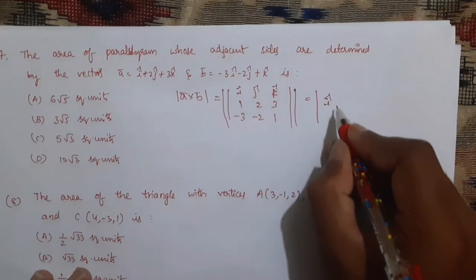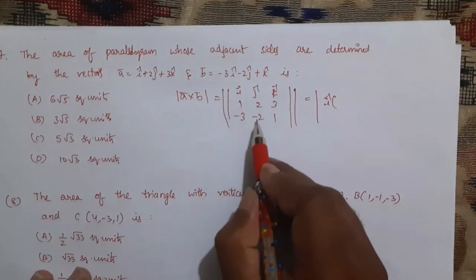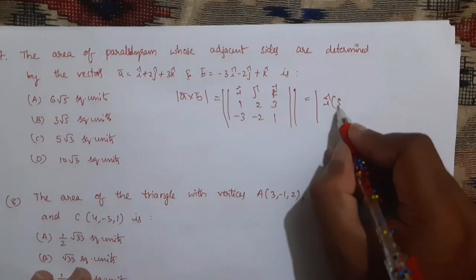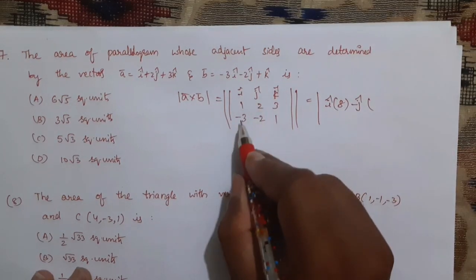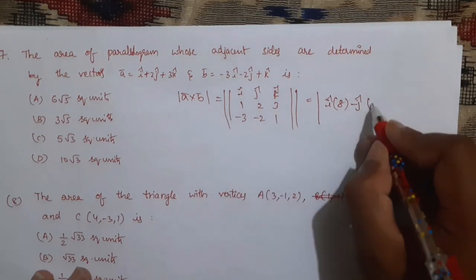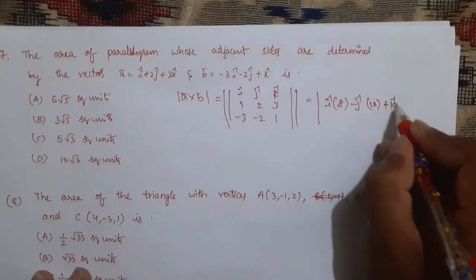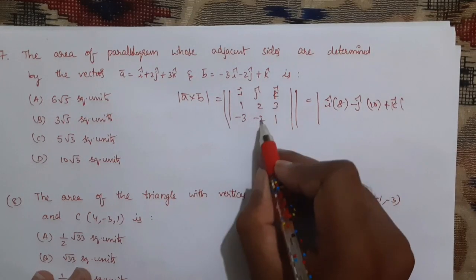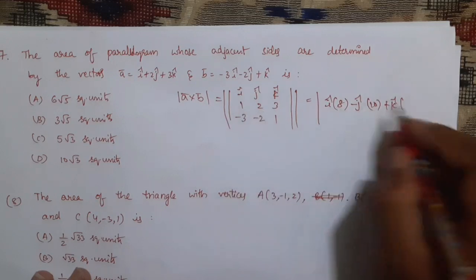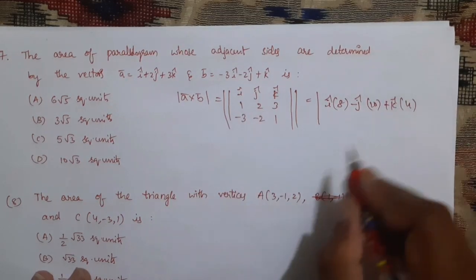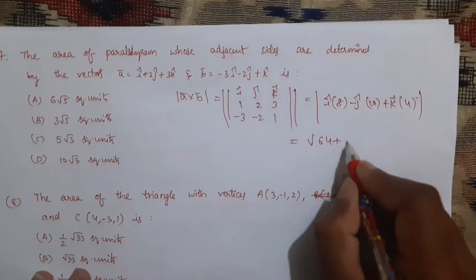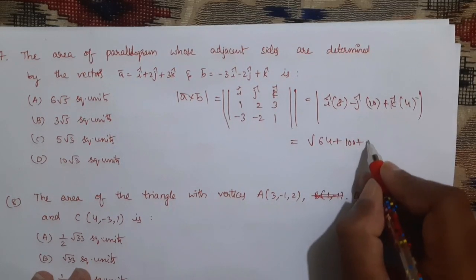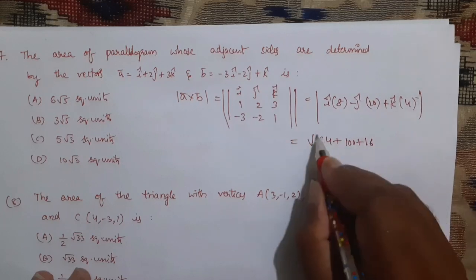So it will be i cap into 2 and then plus 6 which is 8, minus j cap into 1 and then plus 9 which is 10, plus k cap into, okay, this is minus 2 plus 6 which is 4. So for this modulus means square root of 8 square 64 plus 10 square 100 plus 4 square, this is 16.